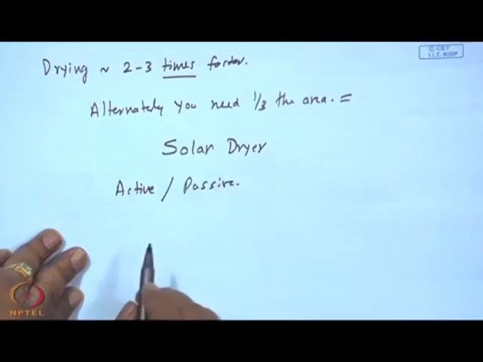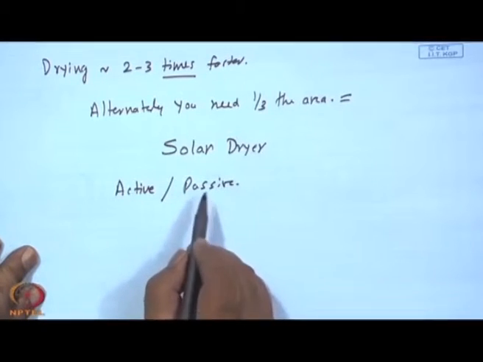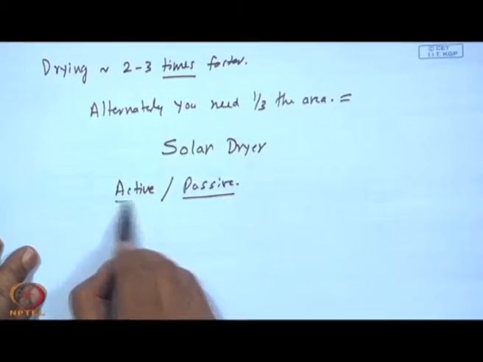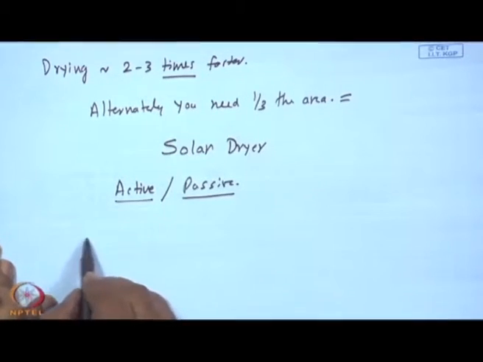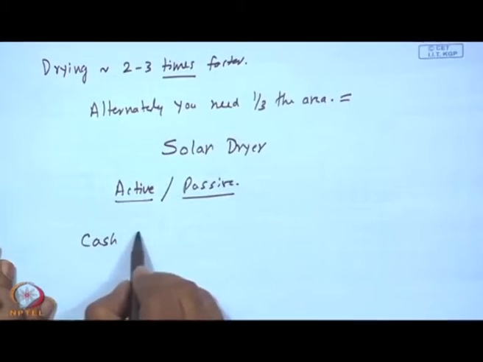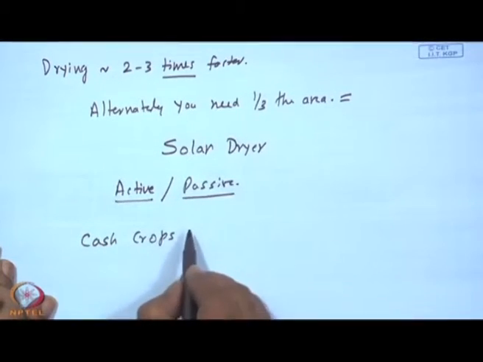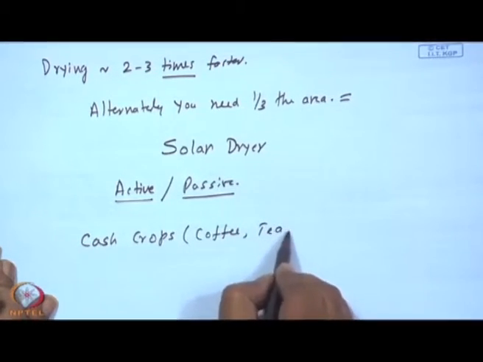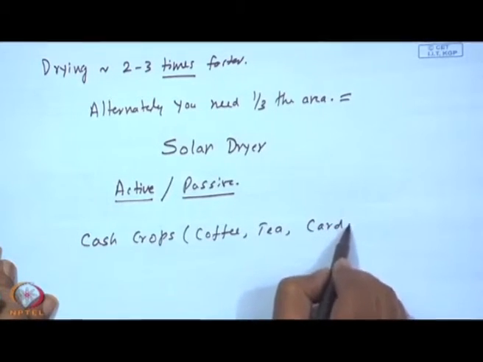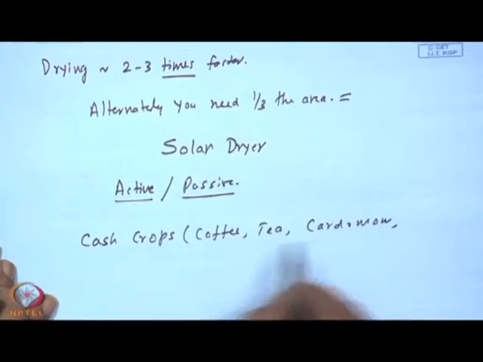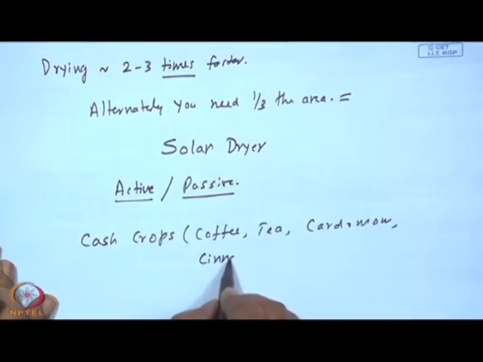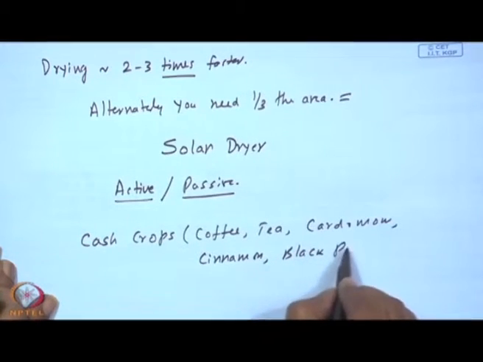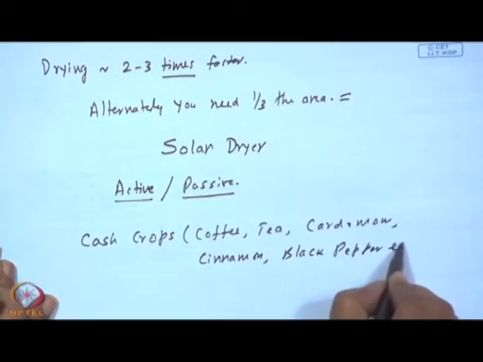This is particularly important because the investments, particularly in the case of passive systems, are lower compared to active systems, and you have got a number of cash crops which may be coffee, tea, cardamom, cinnamon, black pepper, etc.